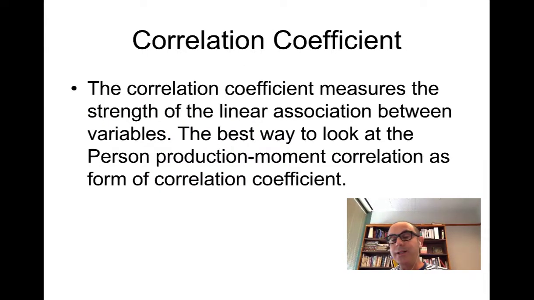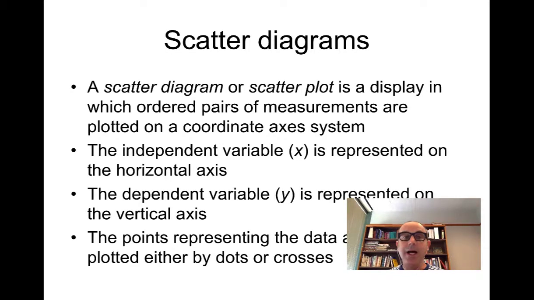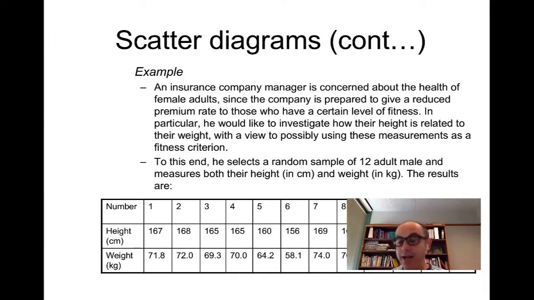When we are talking about correlation, we are talking about the correlation coefficient, which is the measurement of the strength of the linear association between the two variables, and the Pearson product moment correlation is one of the best ways to do that. We usually apply diagrams to show the independent variables versus the dependent variables, and usually the data comes across as a line as seen in this illustration.